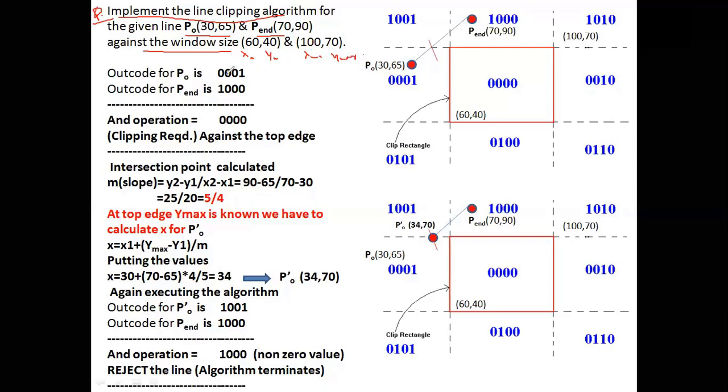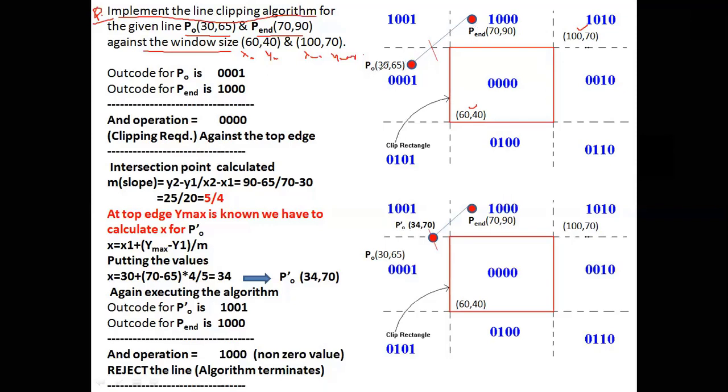So you can visualize the figure. The points are placed, and the regions are outcoded. You know that in the Cohen-Sutherland line clipping algorithm there are 9 regions, and each region is given a 4-bit code. These are the boundary conditions for the rectangle, or the window, or the viewport. A line is drawn from P naught to P end.